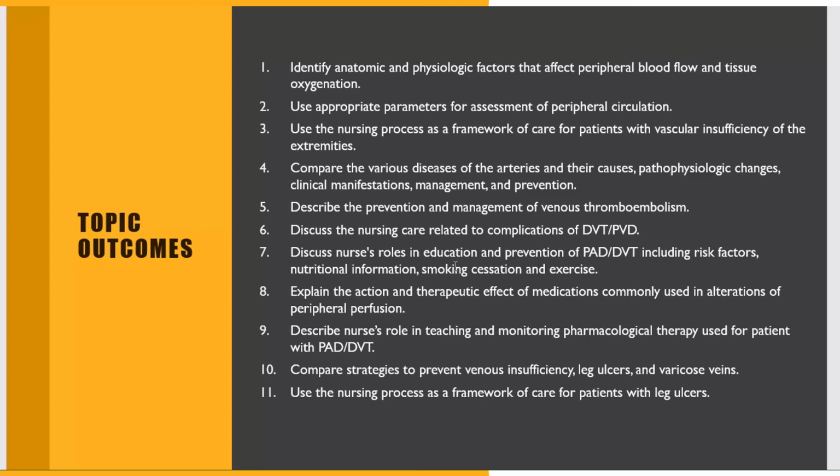Most of the time, you may see these patients in the nursing home or assisted living or in home care situations. Definitely, you will see these patients in the hospitals too.